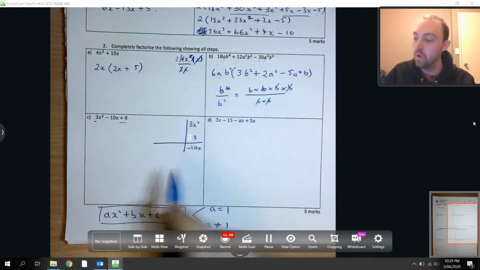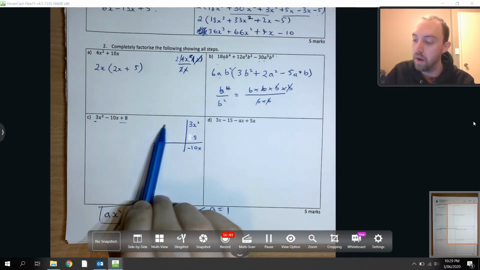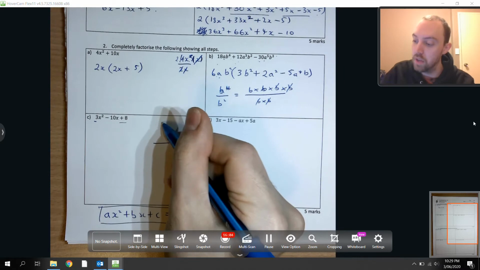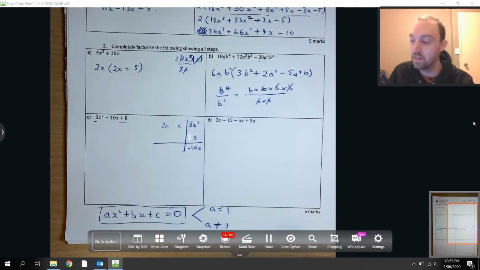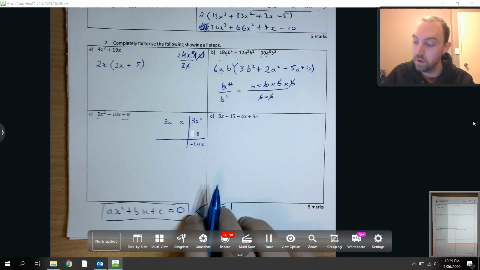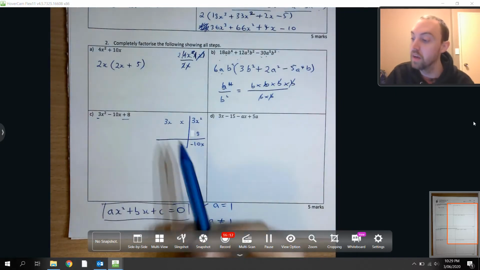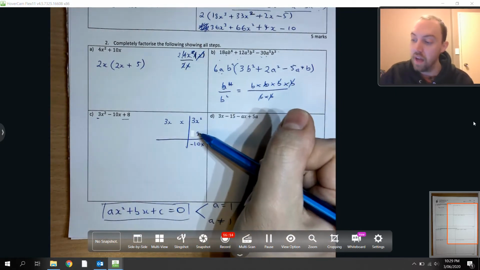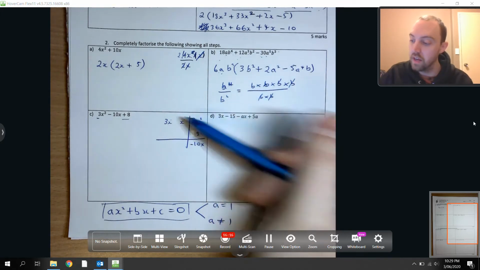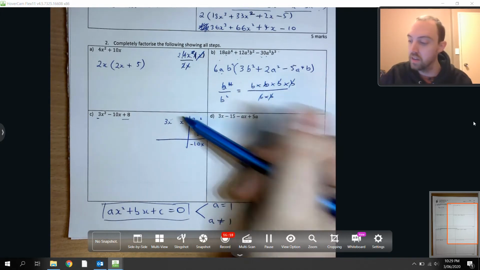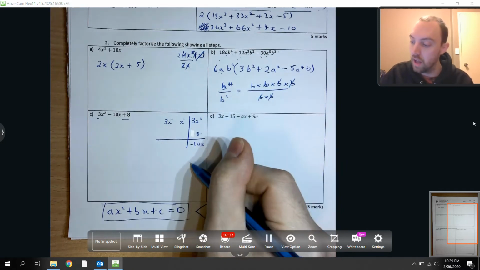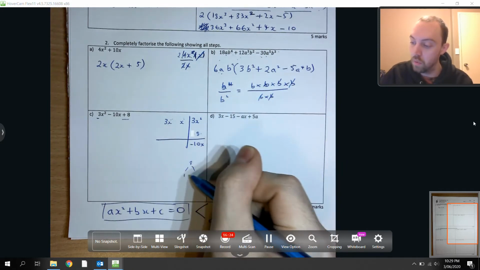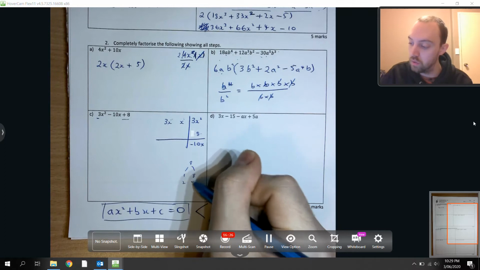So when we find factors of 3x squared, which has to be, because 3 is prime, 3x and x. 3 is prime, so I can't split it up any other way. I need factors of 8, so I've done factors of 3x squared, 3x and x. Now I need factors of 8, which can be 1 and 8, or 2 and 4.